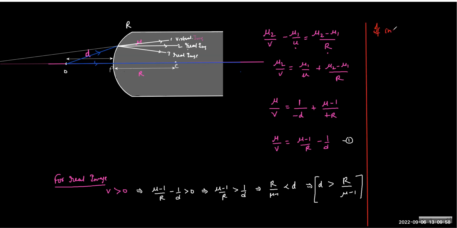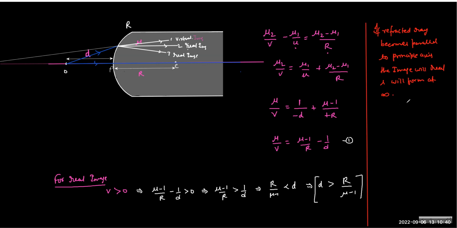If the refracted ray becomes parallel to the principal axis, then the image will be real and will form at infinity. Is this clear?